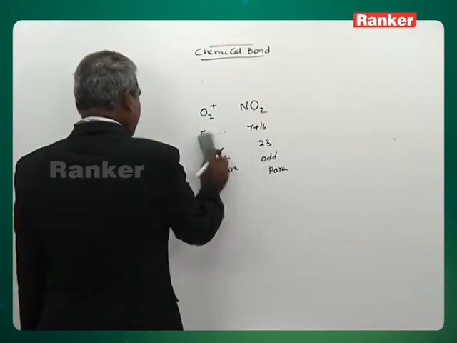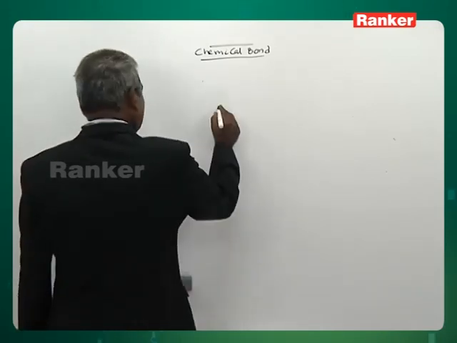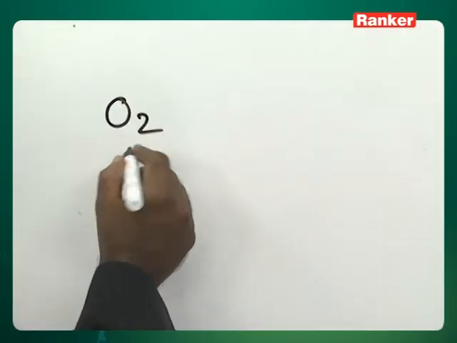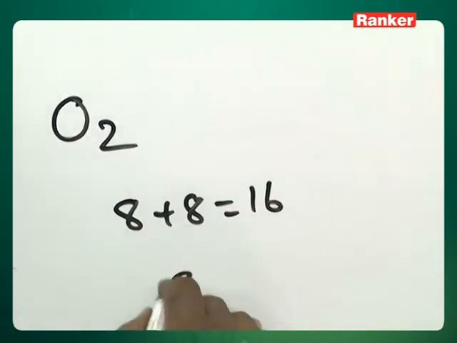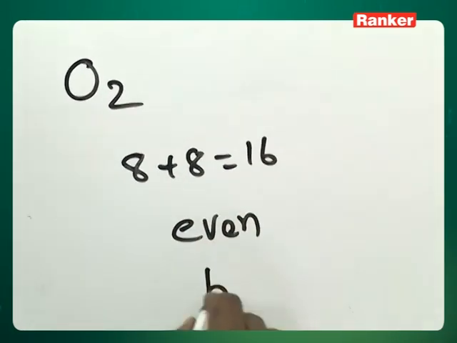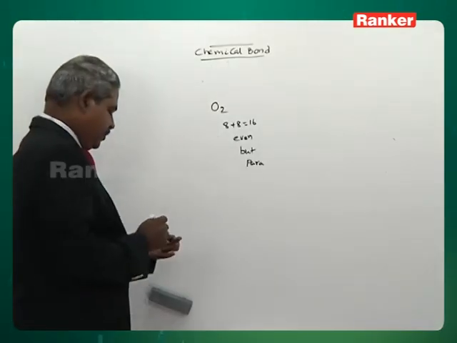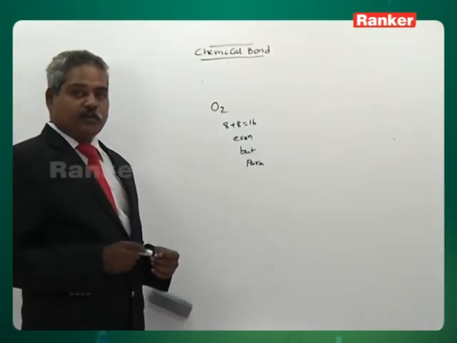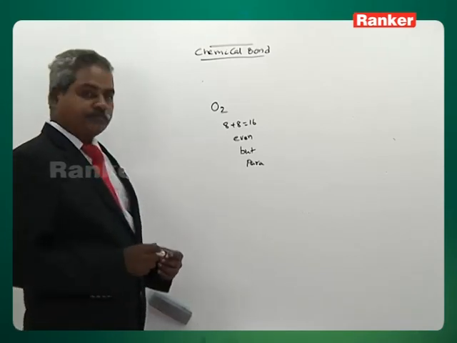Like that. But what about O2, B2, etc.? O2, B2, they are paramagnetic even though the total number of electrons 8 plus 8 is 16, even, as an exception, because even but para, you know the reason. The 15th and 16th electrons enter unpaired.